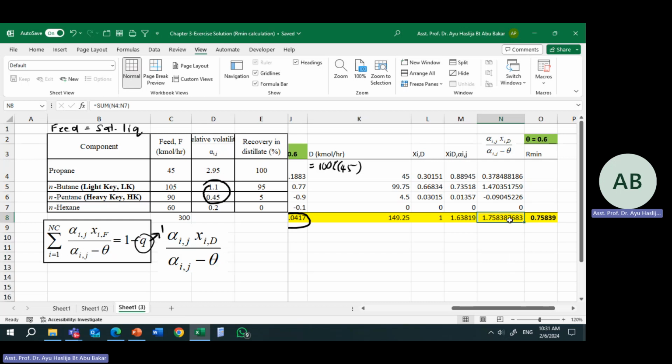This is your R min plus 1, so your R min should be the value minus 1.